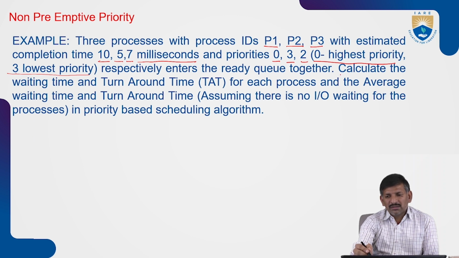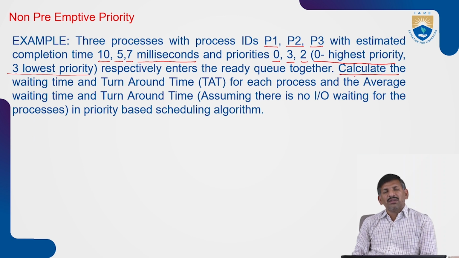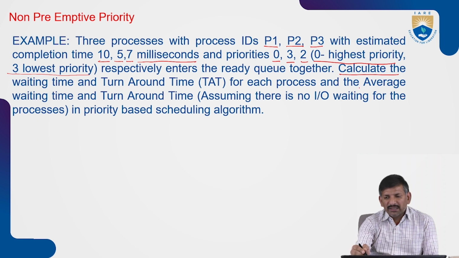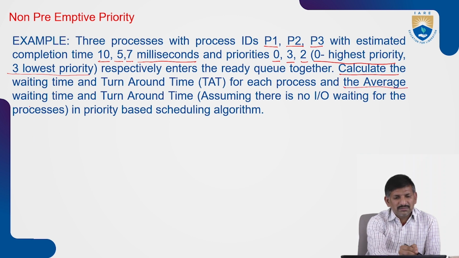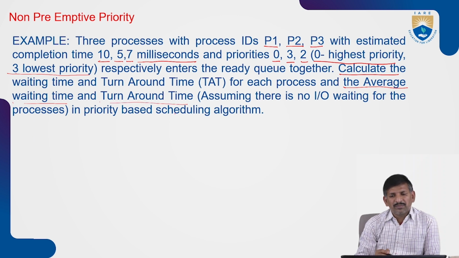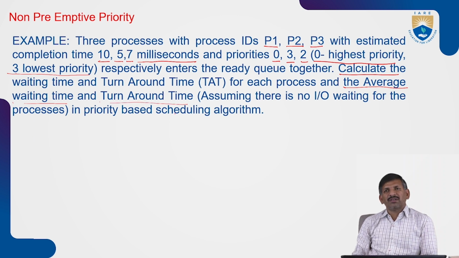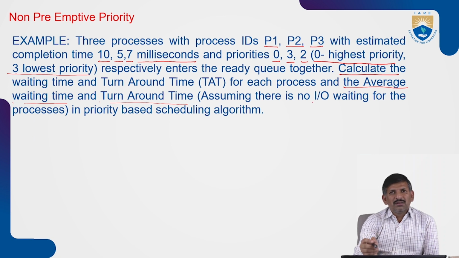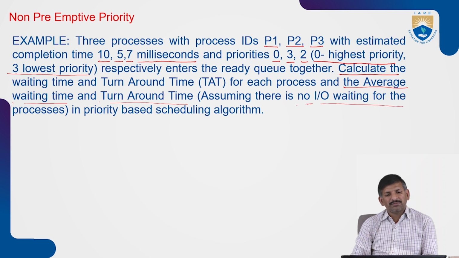Calculate the waiting time and turnaround time for each process, as well as the average waiting time and average turnaround time for this requirement. Let us consider no process is waiting for either input or output data.